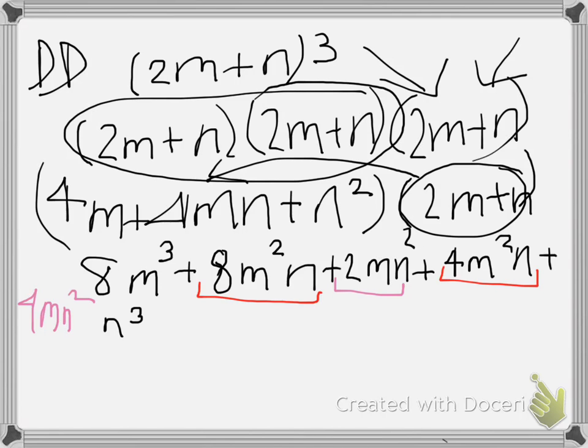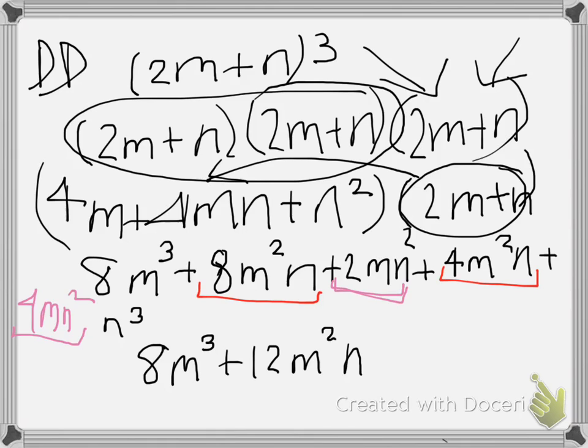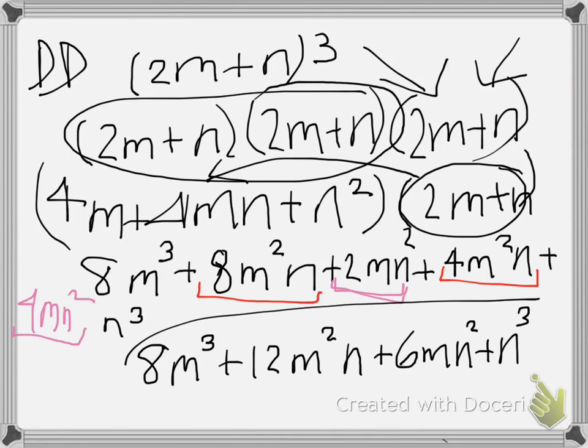I forgot about that one, and we're going to put that with this. Now we're going to put the terms together, and it will now be 8m cubed plus 12m squared n plus 6mn squared plus n cubed. And that's your final answer.